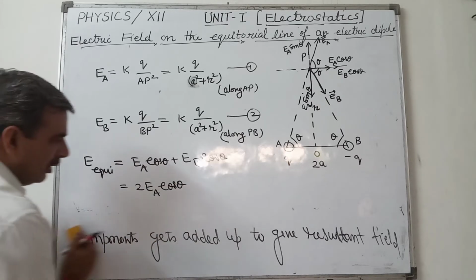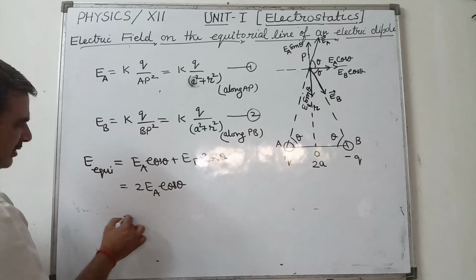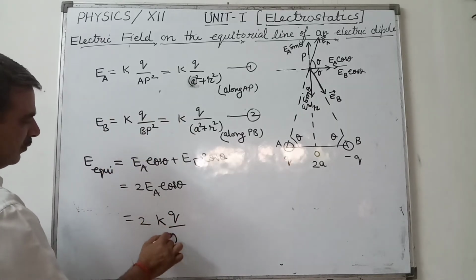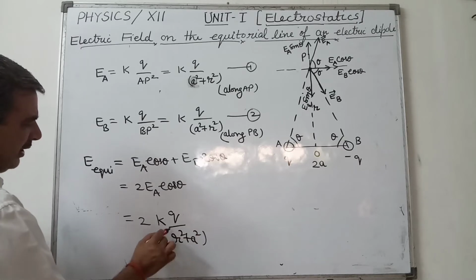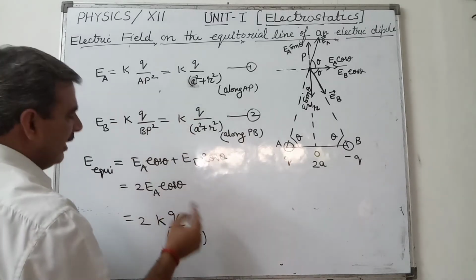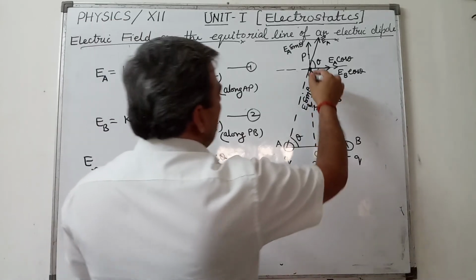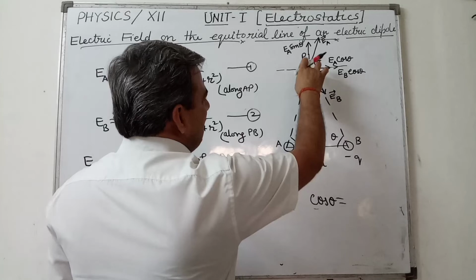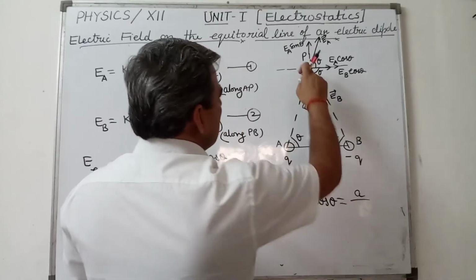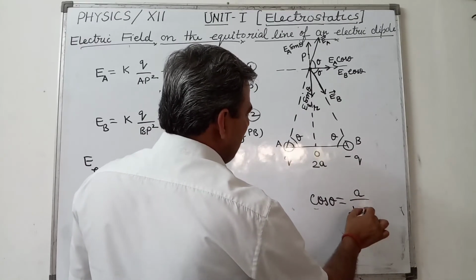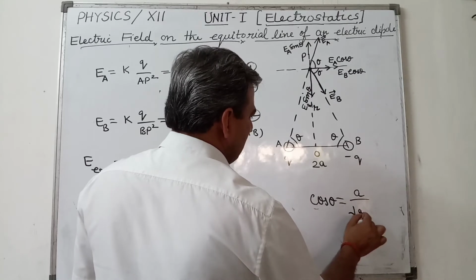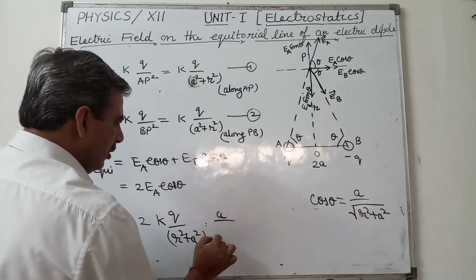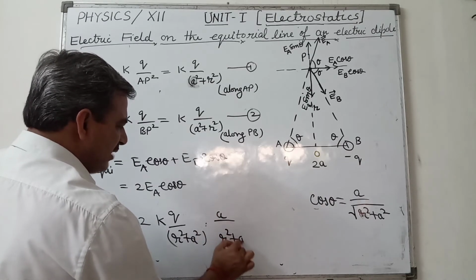Now if you put the values, you have twice EA, which is KQ over R square plus A square. This is the value of EA. And what about cos theta? Cos theta you can have from this triangle. So cos theta is equal to base over hypotenuse. So base is A and hypotenuse is root of A square plus R square, or R square plus A square. So put this value here: A over R square plus A square, power 1 over 2.